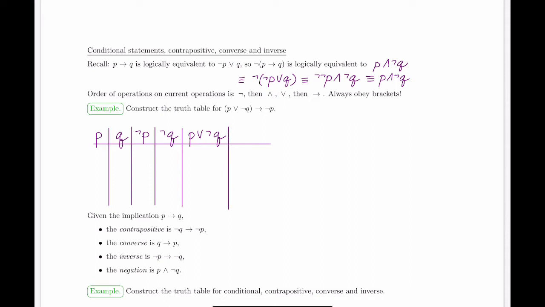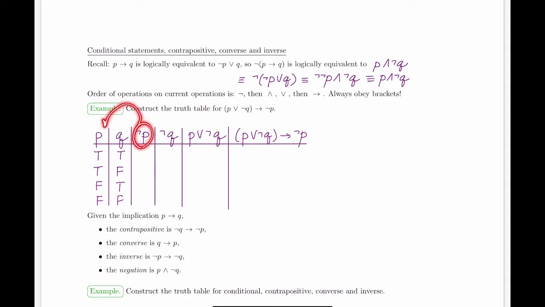And then finally, I will be able to form the entire expression by combining already existing columns into this implication. Now again, remember that because I have P and Q, I will have four possible choices for the combinations of their truth values. And here they are.